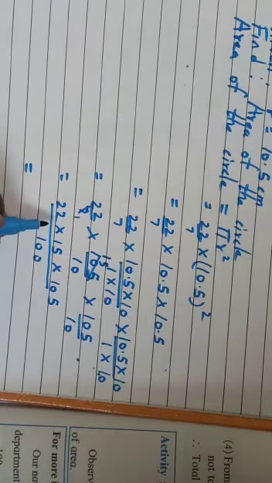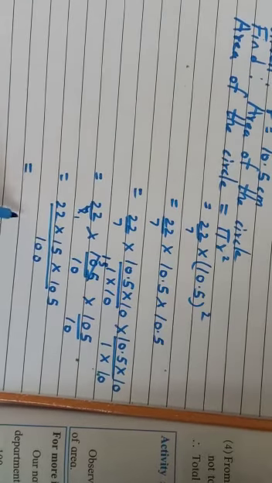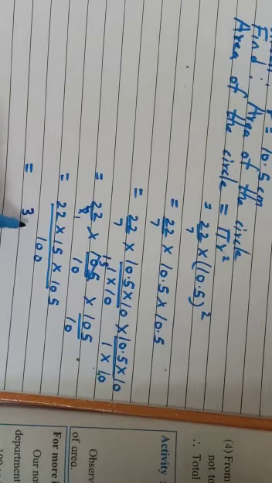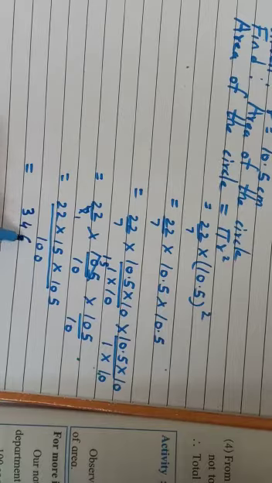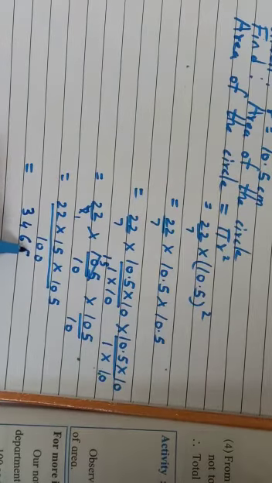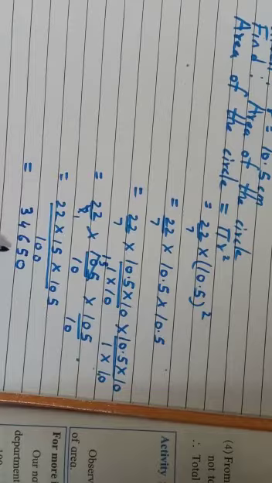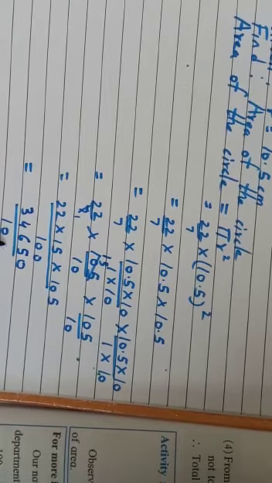Now you should do the correct multiplication, 22 into 15 into 105. It's a long example. 22 into 15 into 105 is giving 34,650. You do the calculation and check, upon 100.